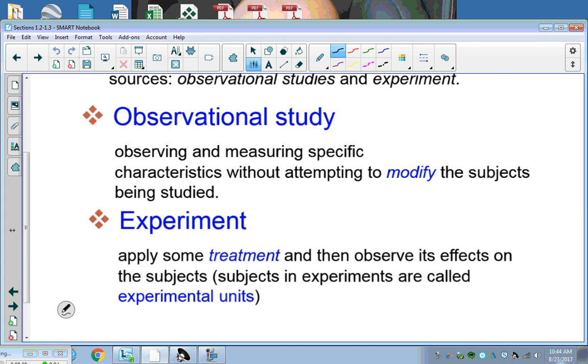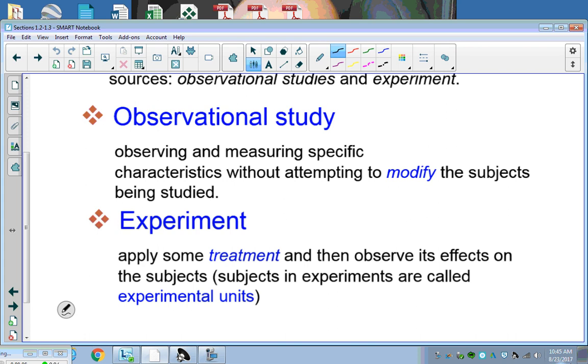For instance, if I wanted to know how many credits you're taking, did I change anything about those credits you're taking? Did I do anything to those credits? That would be considered observational. I'm just taking a look at what is actually happening.